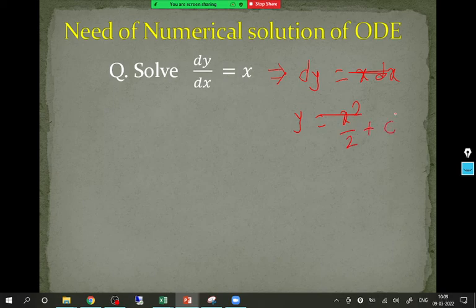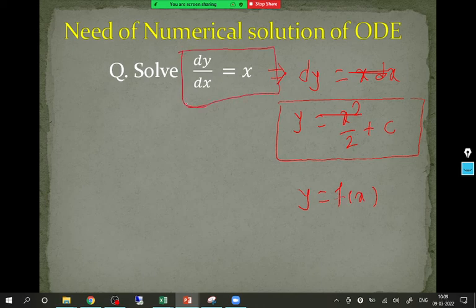Okay, so this is the exact solution of that differential equation, or it is a general solution of the differential equation. When we say y is equal to f(x) is a solution of a differential equation, it means this function y equal to f(x) satisfies that differential equation.